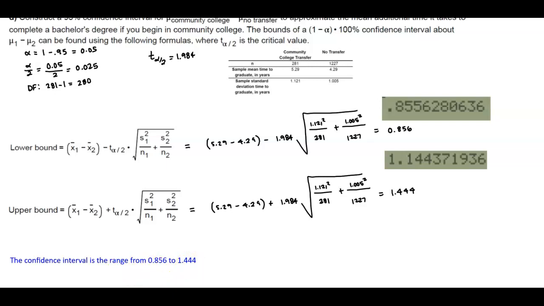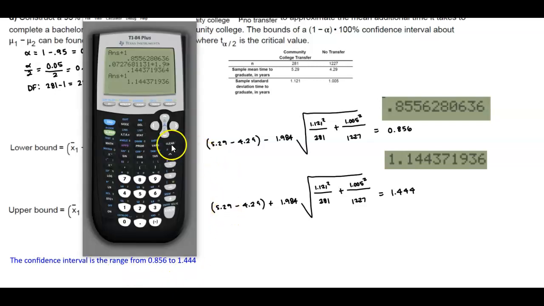Okay, now let's just go ahead and quickly do this on a calculator to see what it would look like if we would just use the testing function. So if we wanted to go to stat, and then go to tests, and then scroll all the way down to 2 sample t interval, okay, and then we're going to put in stats. We know that our mean is 5.29.